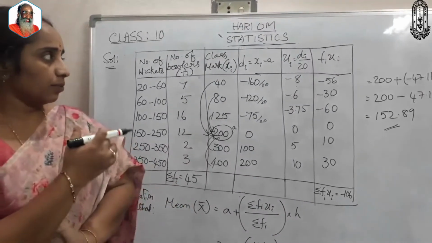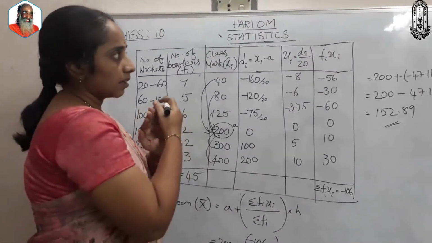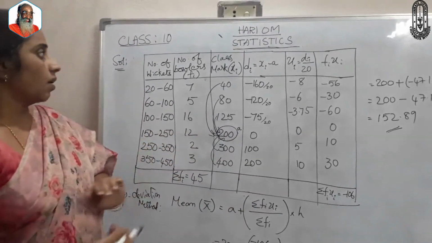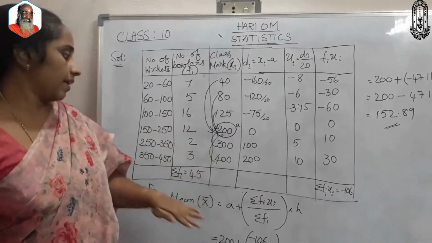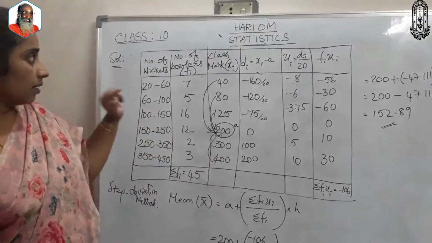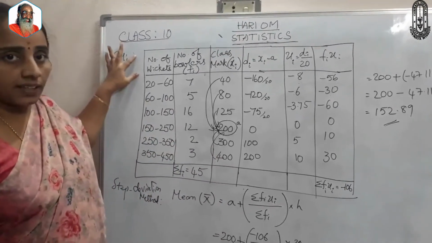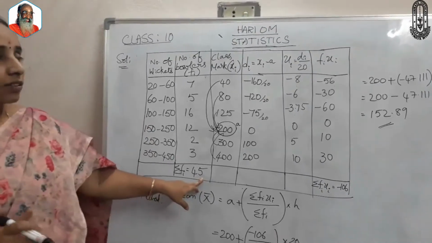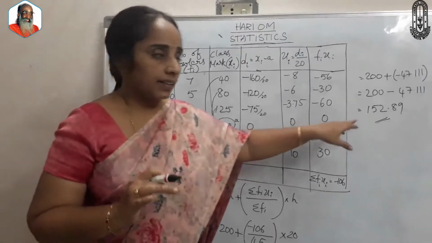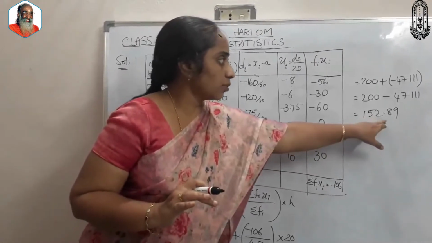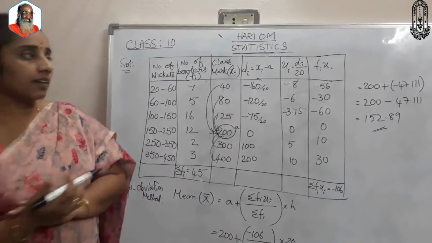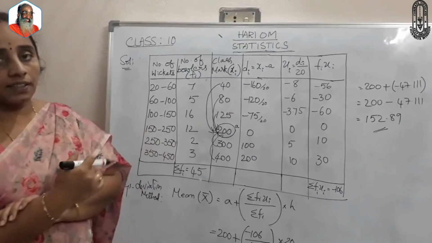About this we conclude this data is, on an average, number of wickets taken by these 45 bowlers in one day cricket is 152.89. This is the conclusion of this data.